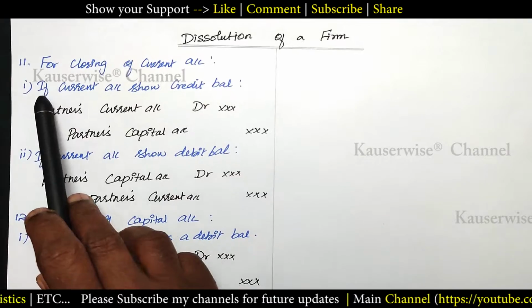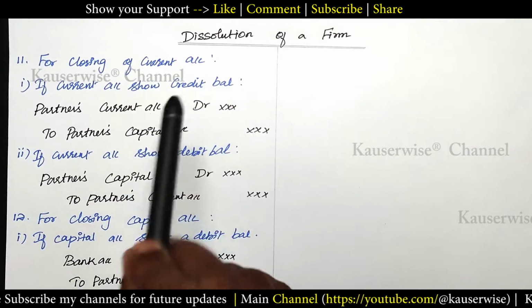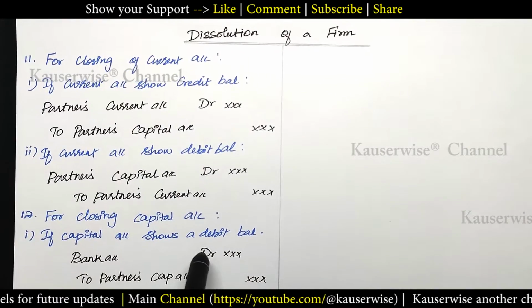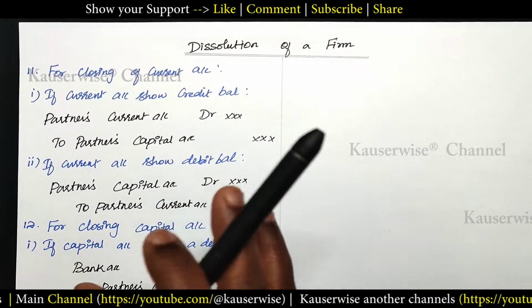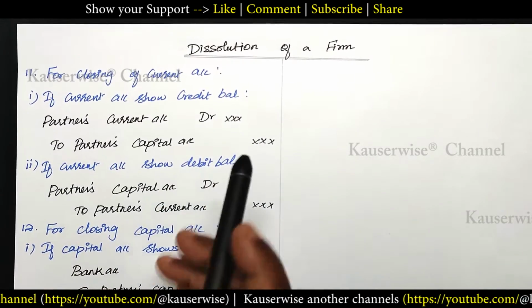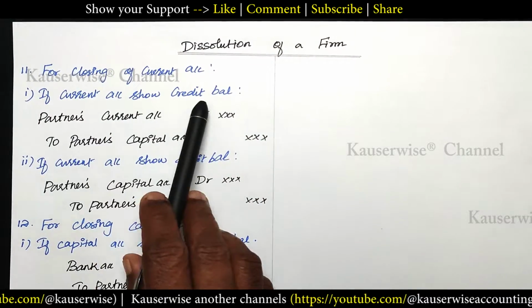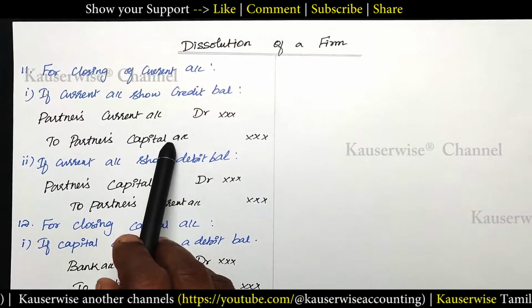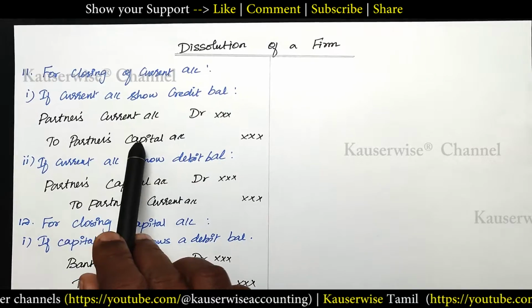If the current account shows a credit balance, where the credit amount is more than the debit side, you will get the balancing figure under the debit side; that is called credit balance. So what is the entry? Partners current account debit to partners capital account. Whatever amount you get, that balance will be transferred to partners capital account.